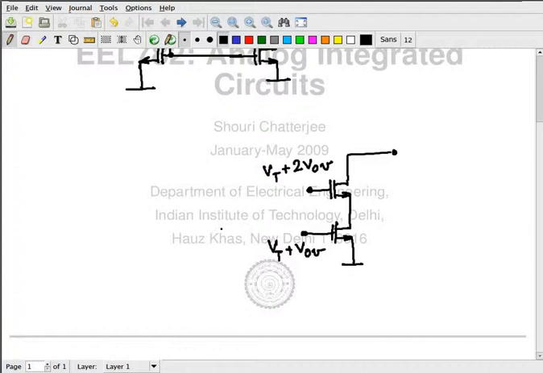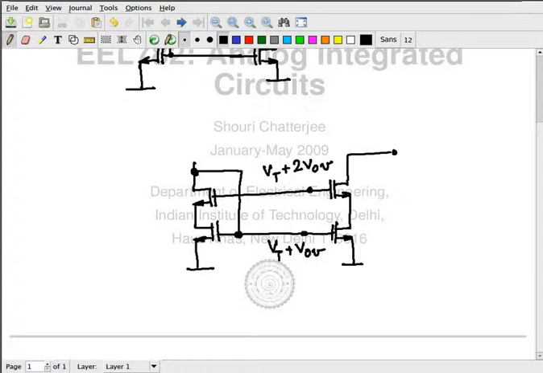Now, what if I do this? If I do this, then let's number the transistors: M1, M2, M3, M4.